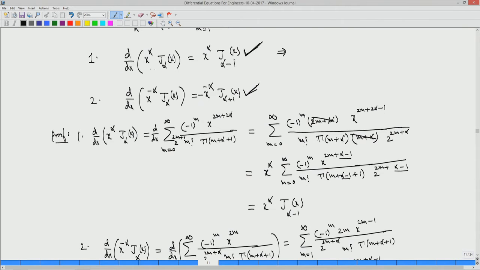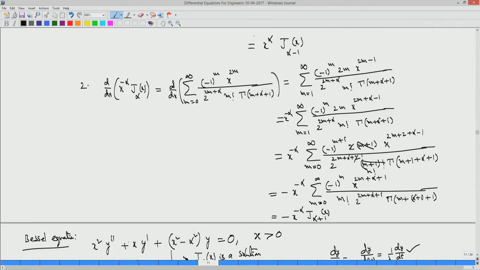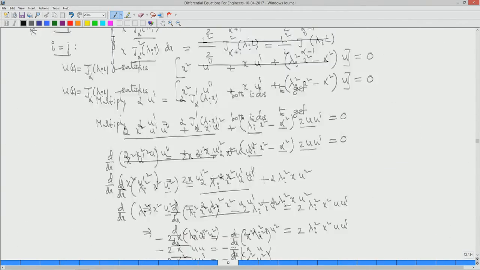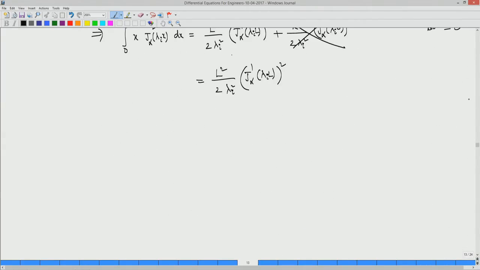So, you just expand this derivative, which is equal to this. Either of these you can use, one of these you can use, to show and get this one. I will just use one to find this value J_alpha'. So, let us take this first.